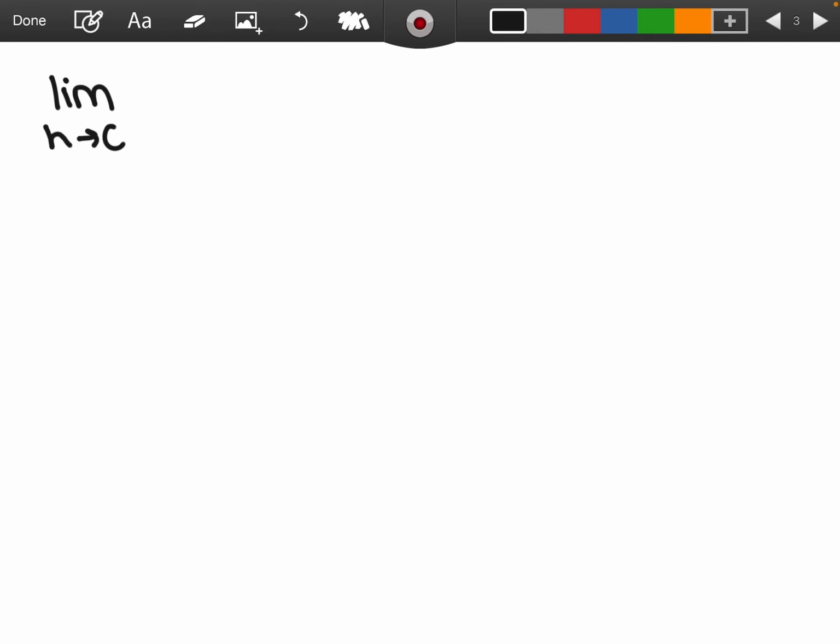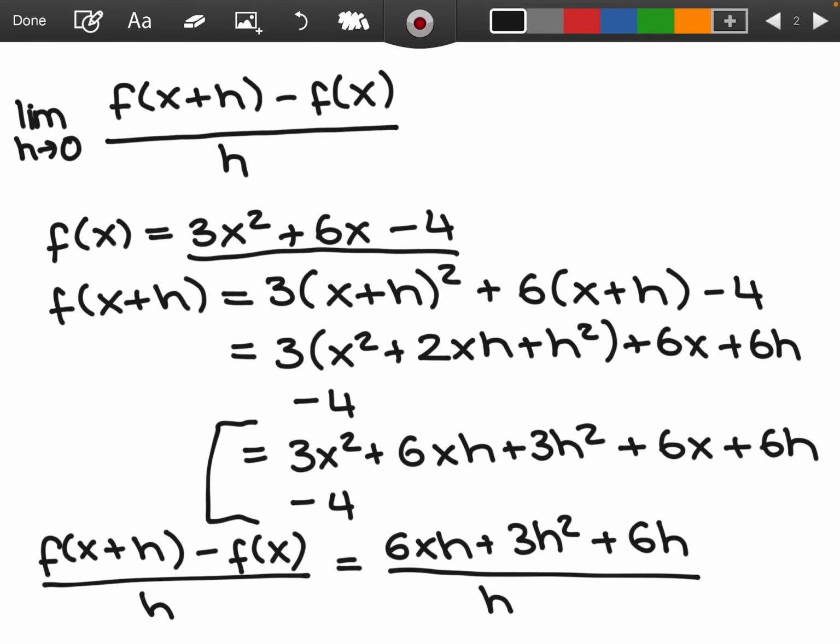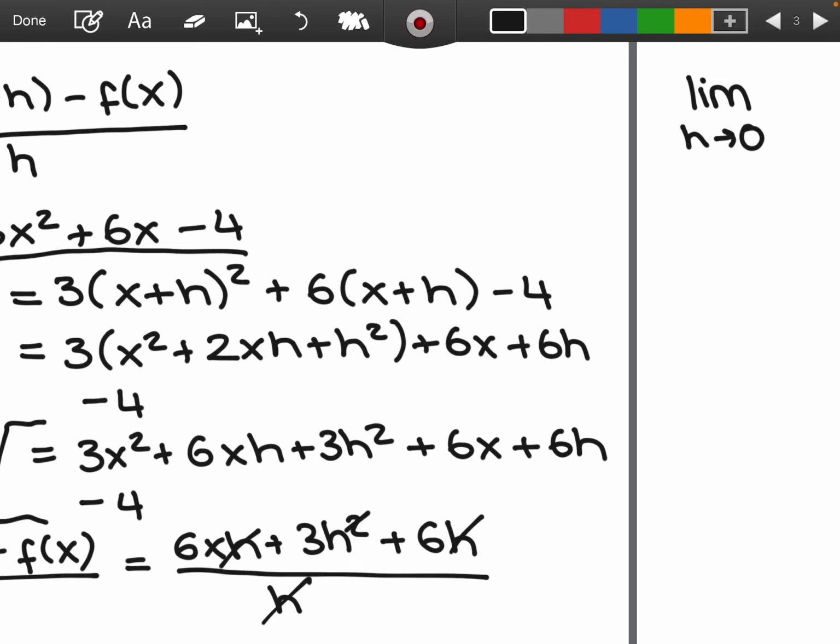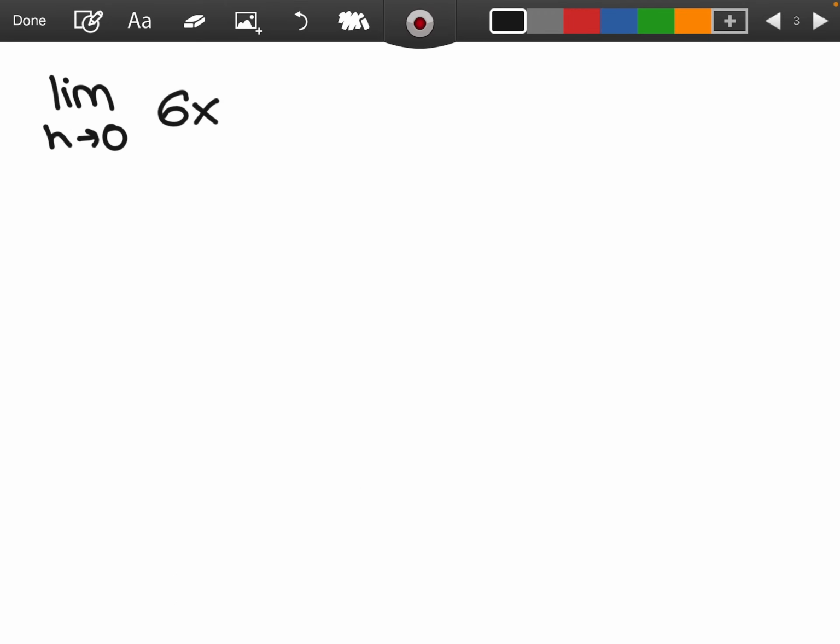Now I'm going to take the limit as h goes towards 0 of this. When we get to this point, you actually have a bunch of h's that cancel out. If I divide every single term here by h, it cancels the h out there. 3h squared divided by h just leaves me with 3h, and 6h divided by h just leaves me with 6.